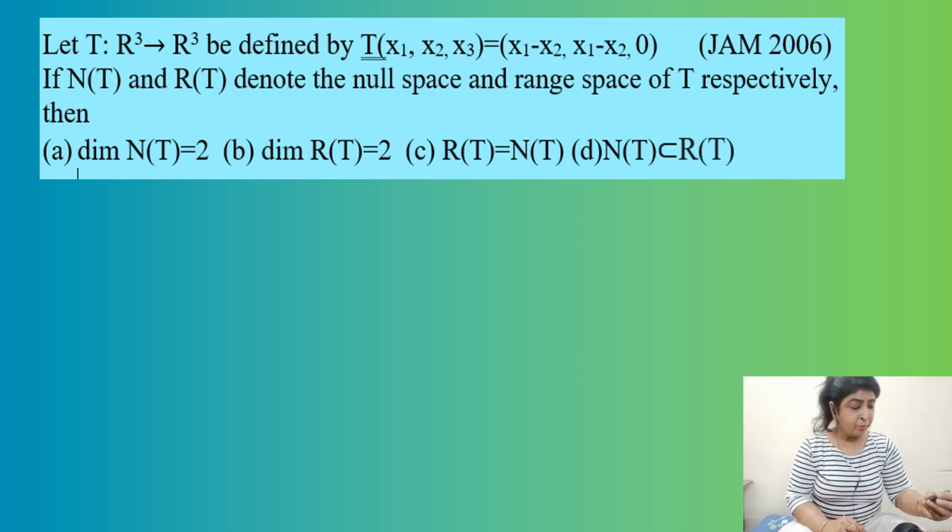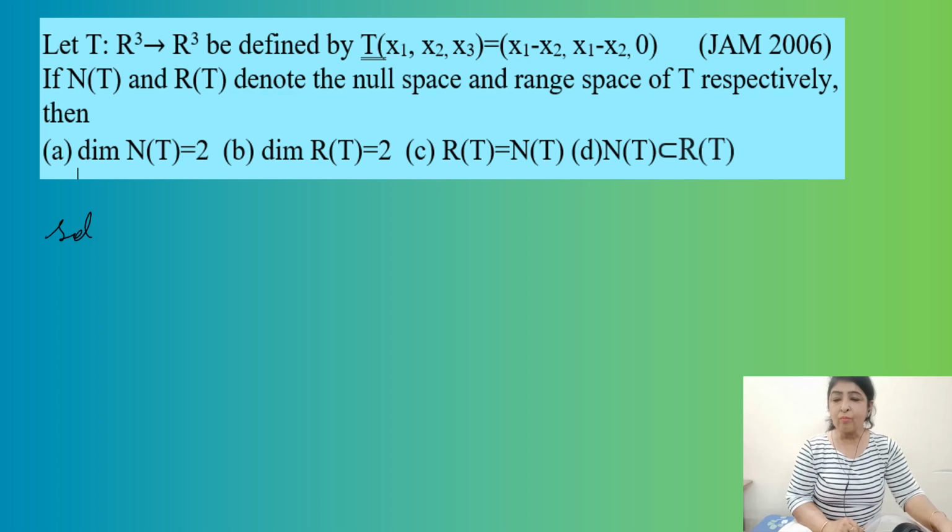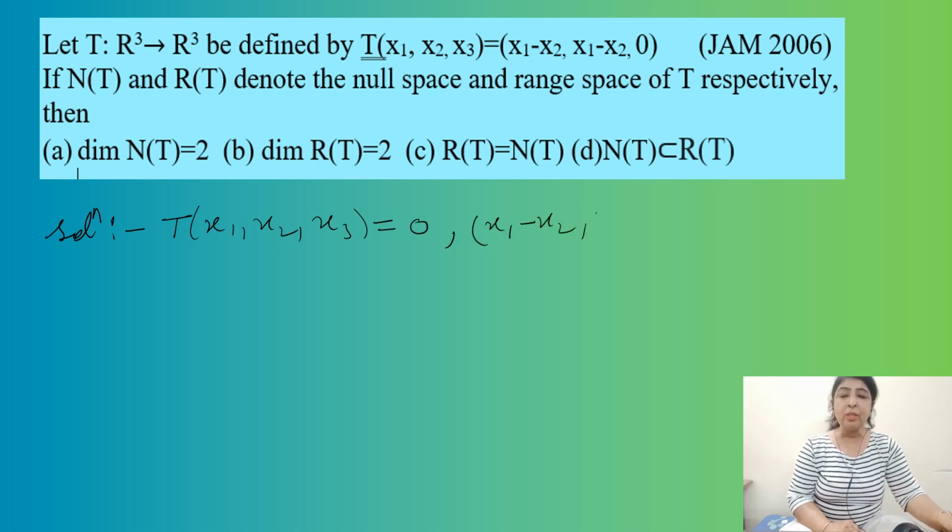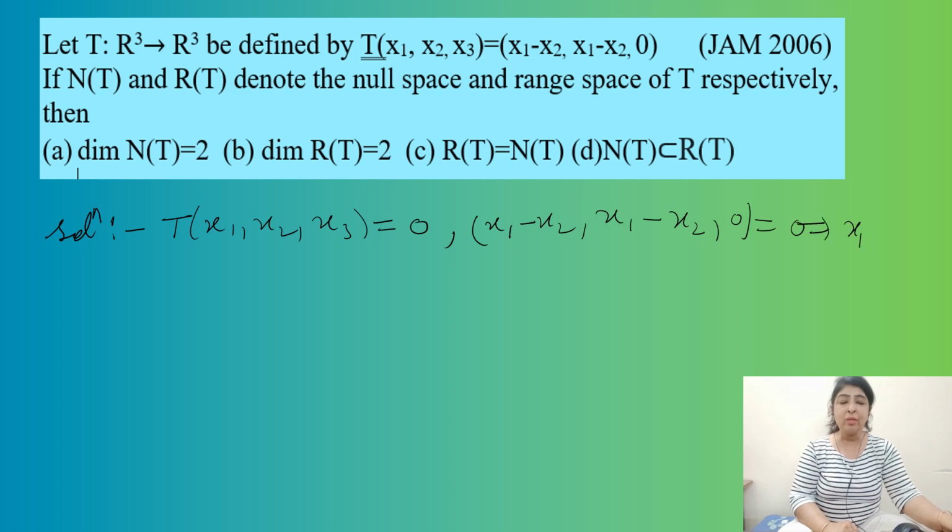We will take T of x1, x2, x3 equal to 0, which implies x1 minus x2, x1 minus x2, 0 is equal to 0, which implies x1 is equal to x2.